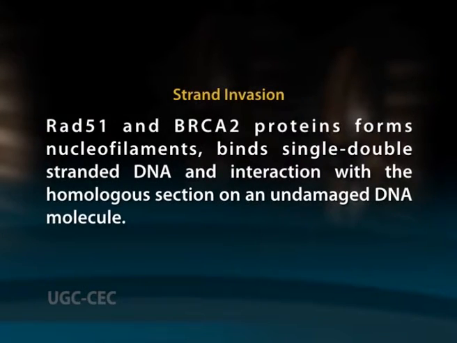RPA prevents single stranded DNA from winding back on itself or forming secondary structures during DNA replication. Rad51 and BRCA2 protein form nucleofilaments, bind single and double stranded DNA, and interact with the homologous section on an undamaged DNA molecule, called strand invasion.